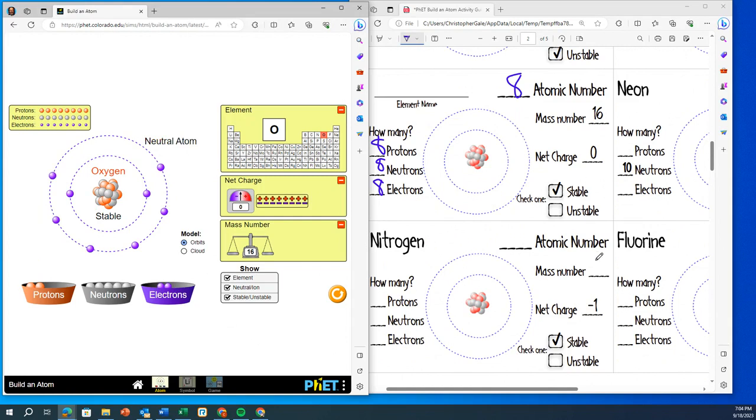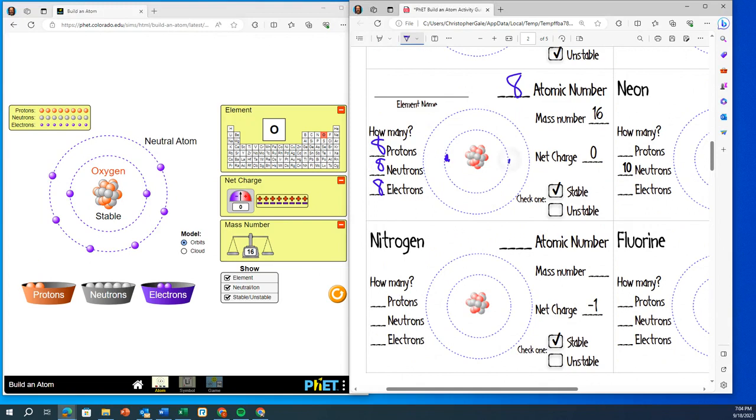So let's put those atoms in there. 1, 2, 3, 4, 5, 6, 7, 8. Okay, and this is oxygen.